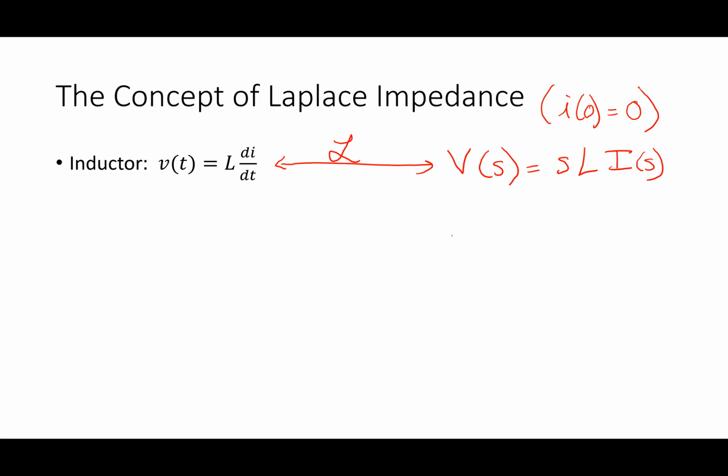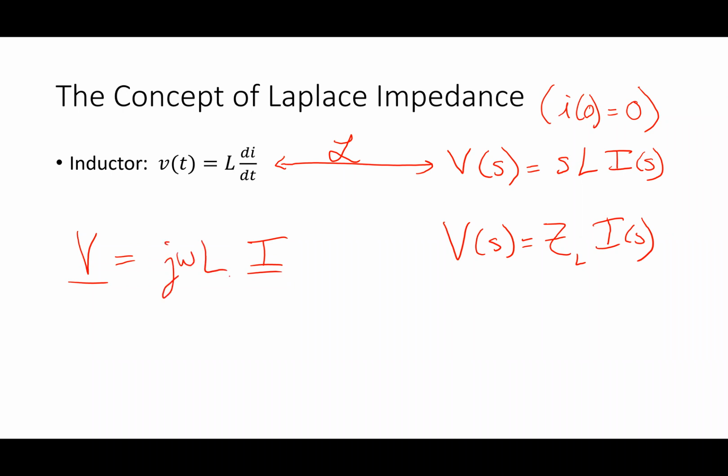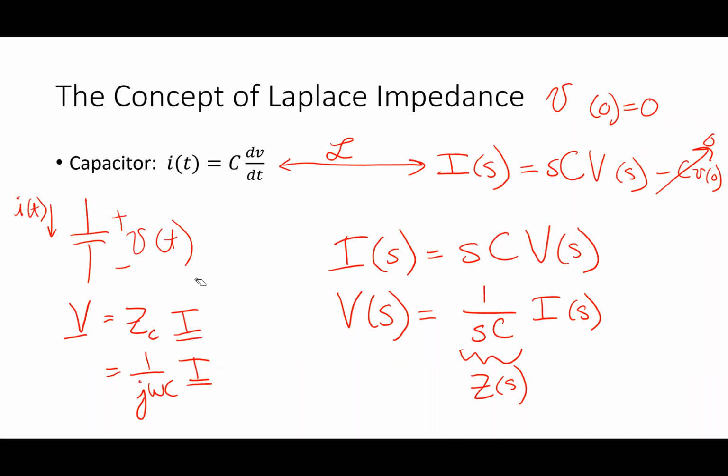So that to me says this looks like some sort of Z_L times I of S, where in the phasor world we said V equals, well, let me ask you, what would I write here in the phasor world if I had an inductor? j omega L. All right. So SL, j omega L. 1 over SC, 1 over j omega C.